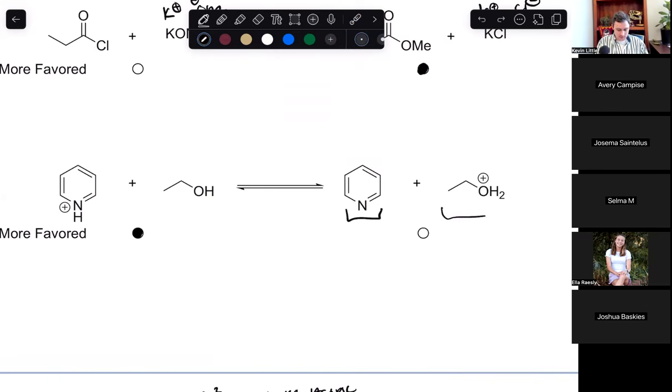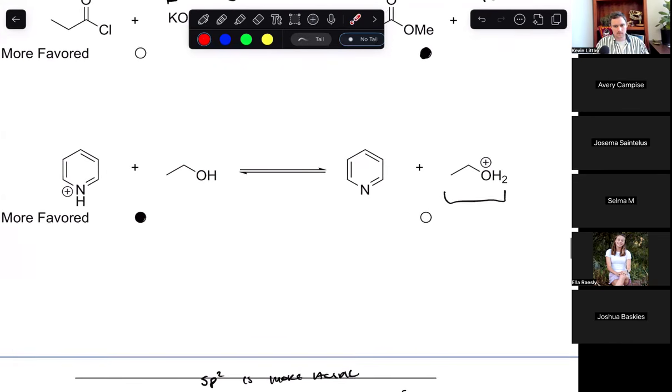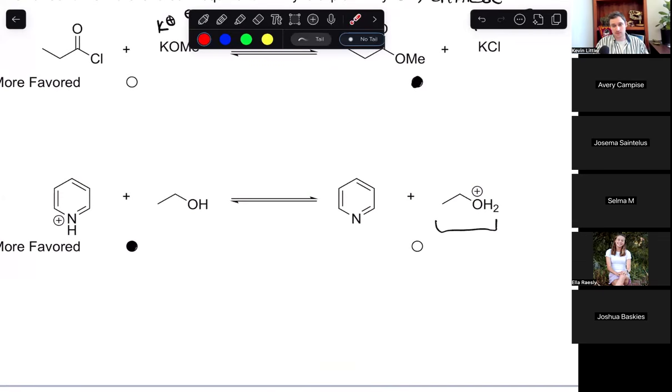Or this is more acidic than this is, so therefore it's going to favor the other side. Or you can think of it like this is a more stable conjugate base than this is because it's more electronegative, so it's going to favor the conjugate base side. All of these things are connected. So whatever works for you.